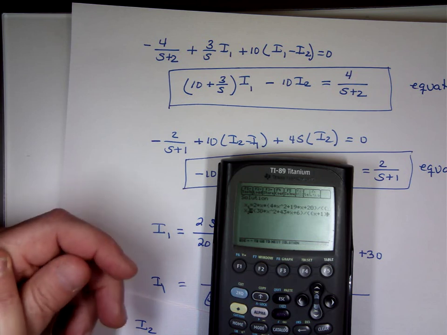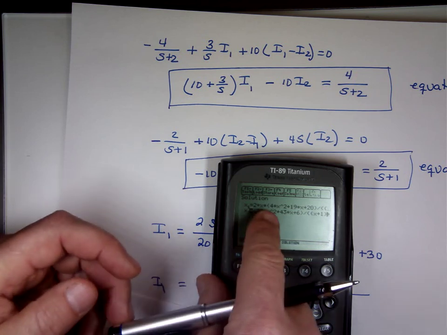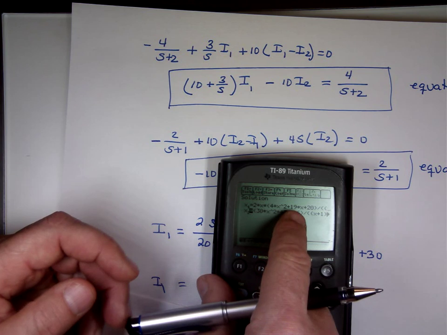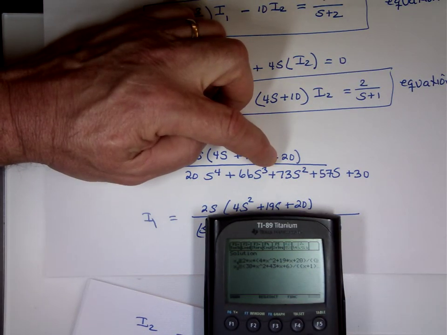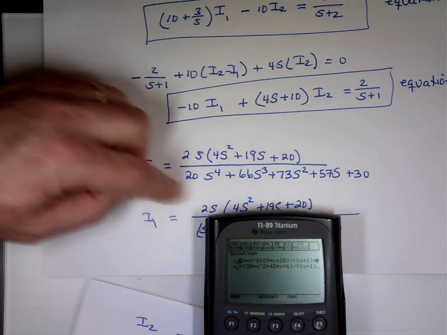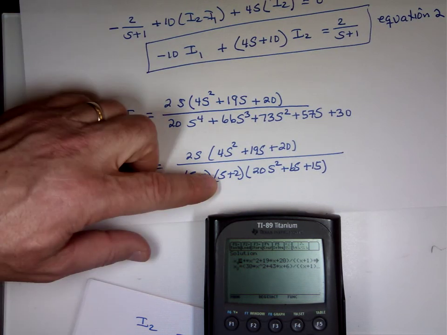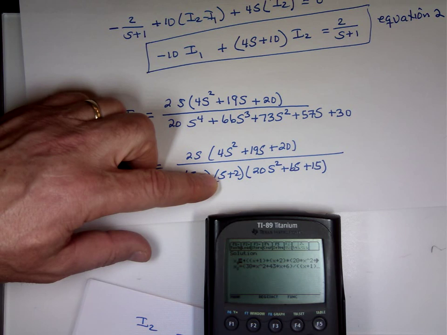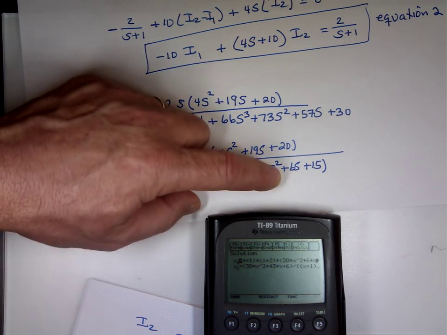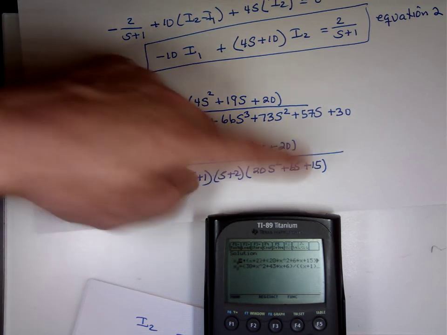There we go. 2x times 4x squared plus 19x plus 20 is the top here, divided by s plus 1, s plus 2, 20s squared plus 6s plus 15.